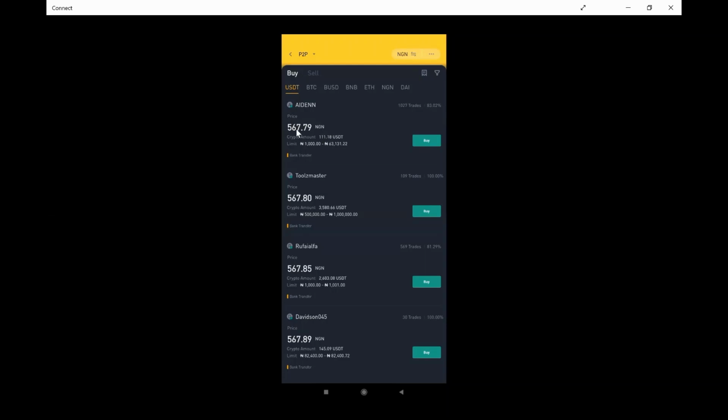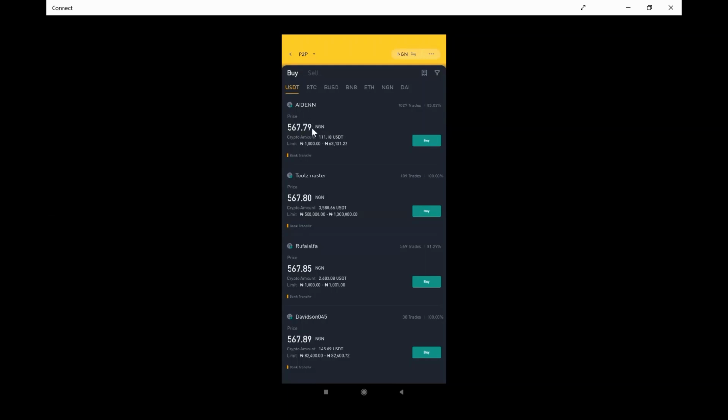Now underneath here you have price, the current price for what this seller is trying to sell. These are USDT. 1 USDT is going for 567. The person is listing it at 567 naira 79 kobo.